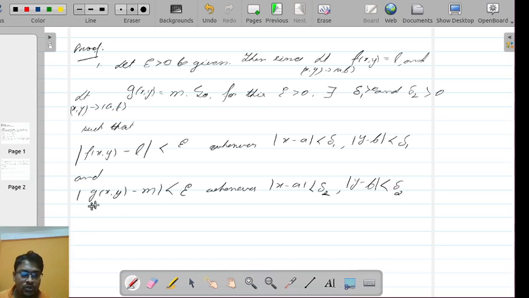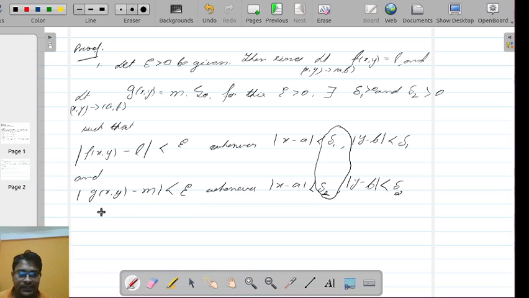Now a common delta will work for both cases. What is that common delta? Whenever |x minus a| and |y minus b| are less than delta 1, the first one is true, and whenever they are less than delta 2, the second one is true.